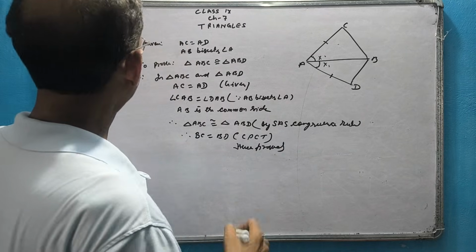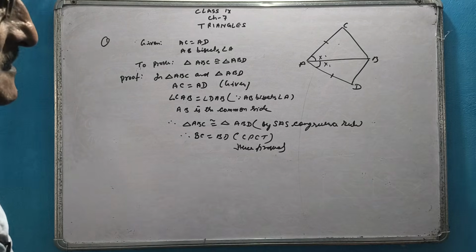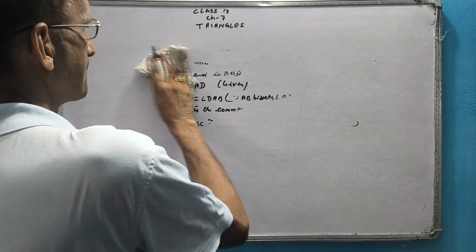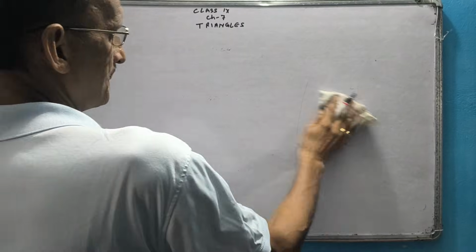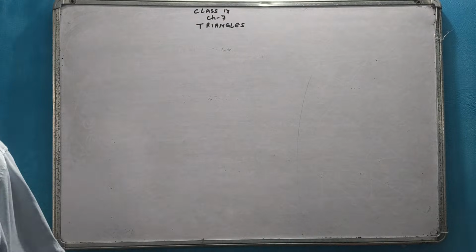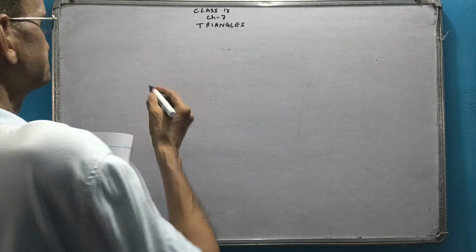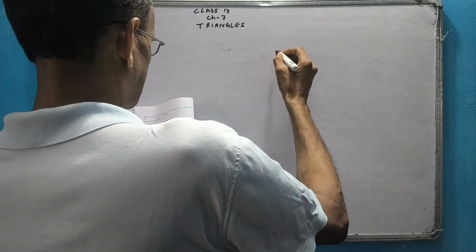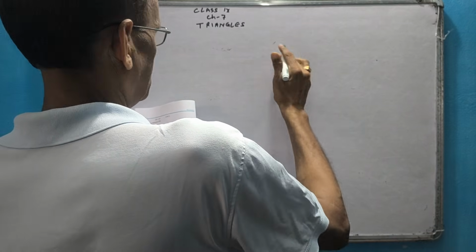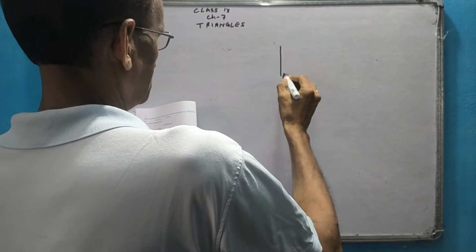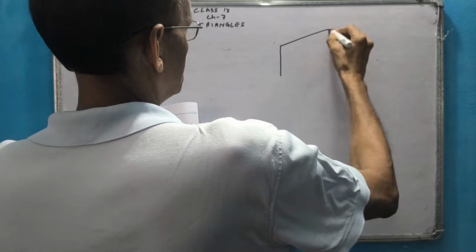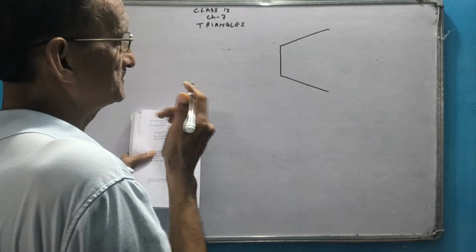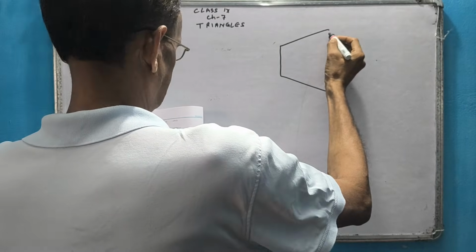It's easy only, understood? So we will go to the next one. Question number 2, where the diagram is again given. They have given the diagram so that you can discover the triangles, and develop your reasoning power and interpret the diagram.